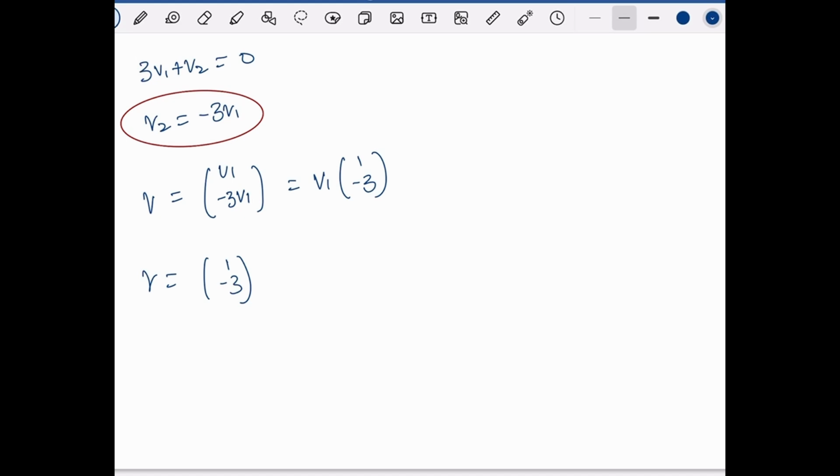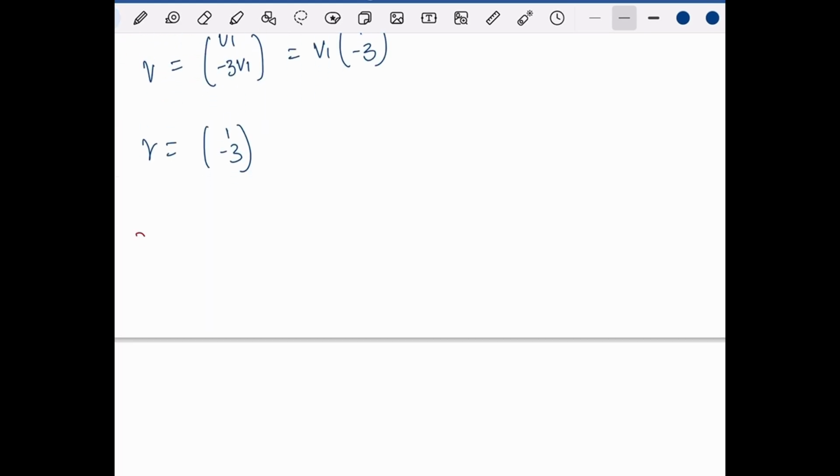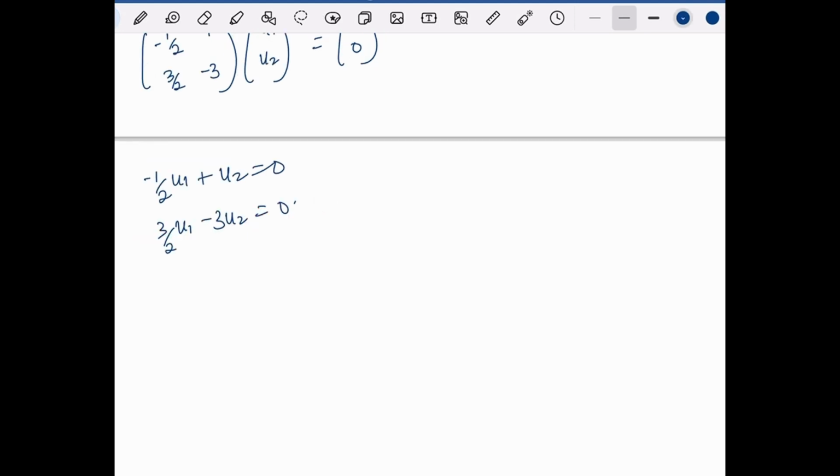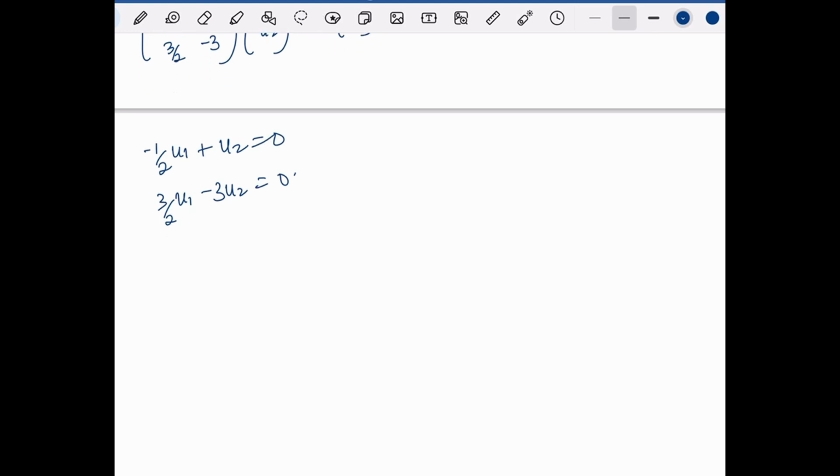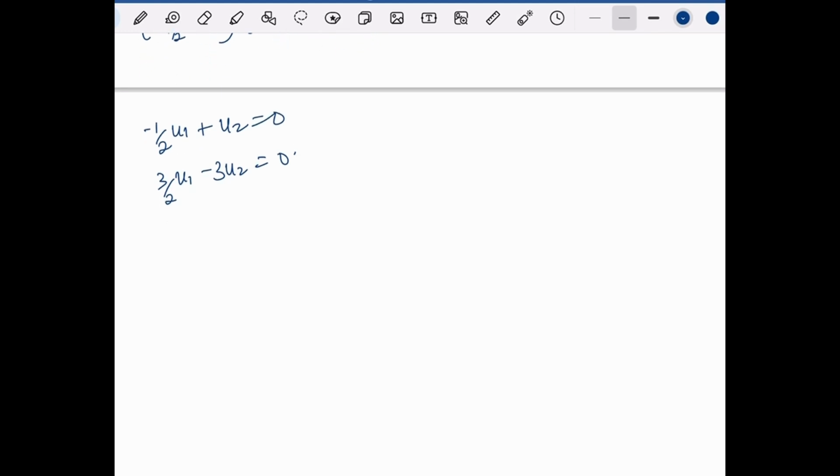The next step is to formulate x1, so x1 of t will be given as this. Then we move on to lambda 2. So this is what we are going to have when we are done with the matrix vector multiplication. Here also the system is linearly dependent, so you just pick one of your choice, then you solve. Let's pick equation 1. We are picking equation 1 because u2 has a coefficient of 1, so that one will make it quite easier for us to solve.